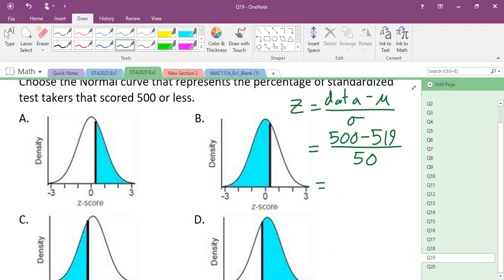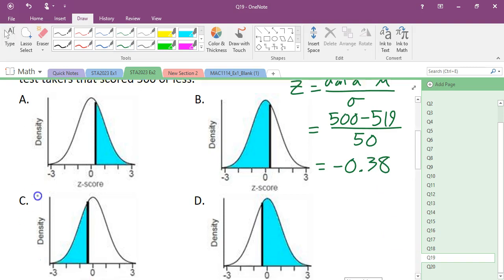So we change that to our z-score. What do we get? Negative 0.38.